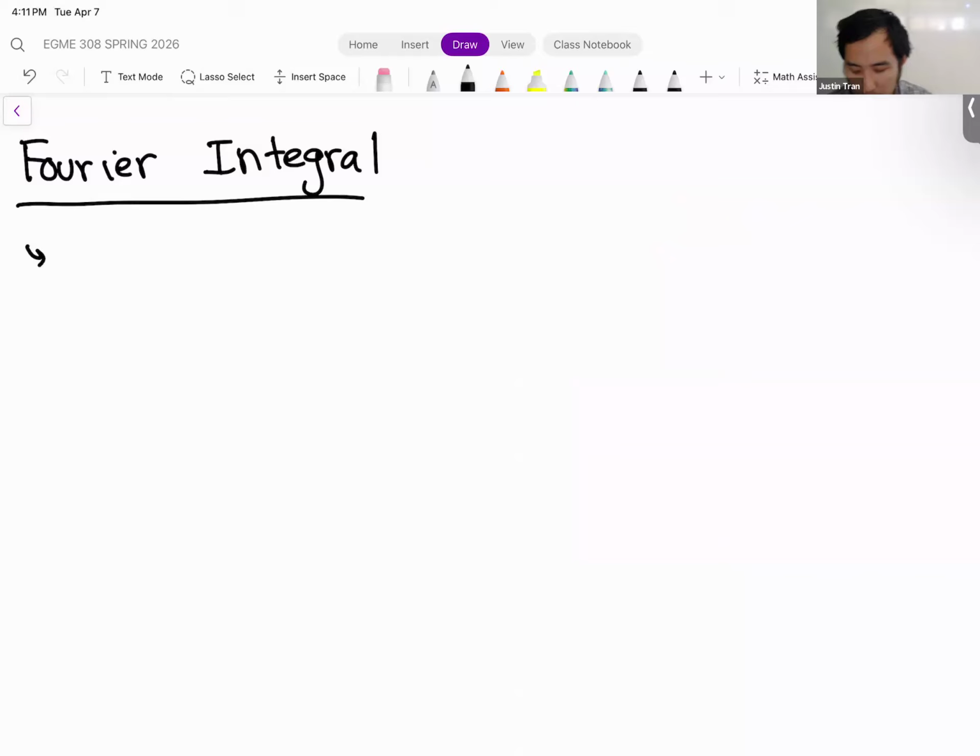So let's start with this. Let's look at our Fourier series one more time, and let's write out the equations for our Fourier series coefficients.